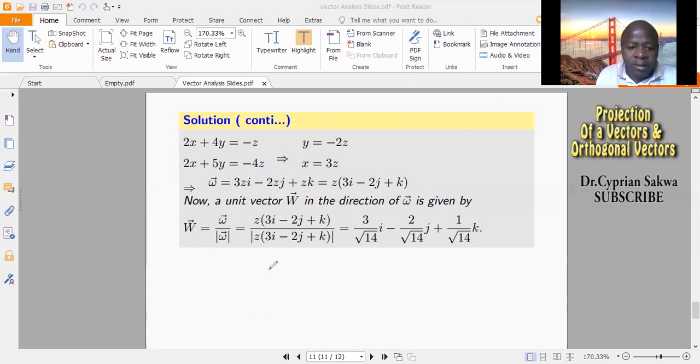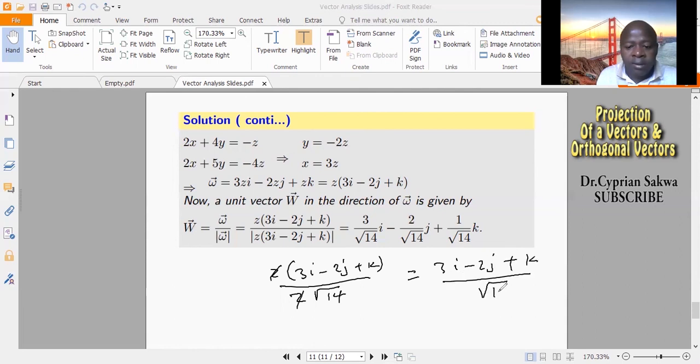So when I take 3i minus 2j plus k and divide by z root 14, the z's cancel. So I'm left with 3i minus 2j plus k over root 14, which you can simplify to get this.